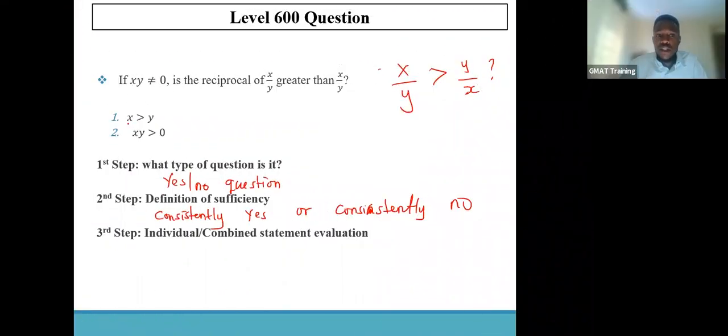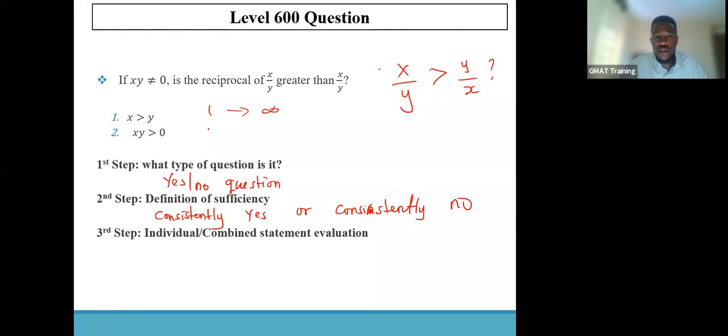Looking at the first statement, it says that x is greater than y, meaning that if we were to look at all the positive values, and remember that you're only not looking at 0, so all the other values are suitable for consideration in this case. So say we look at all the positive values, from 1 all the way to positive infinity, and we choose values of x and y such that x is always greater than y.